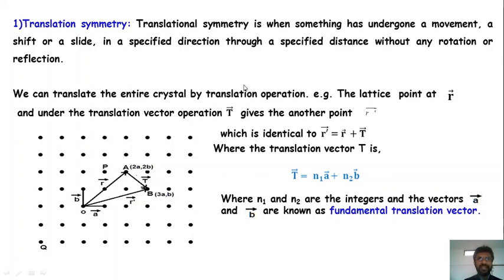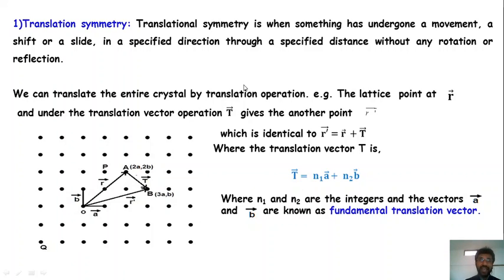Dear students, in the second lecture we have already seen the translation operation. That means when the atoms or any lattice point get translated from one lattice point to another lattice point, or a unit cell gets translated from one unit cell to another within the lattice structure, then there will be no change in its structure.